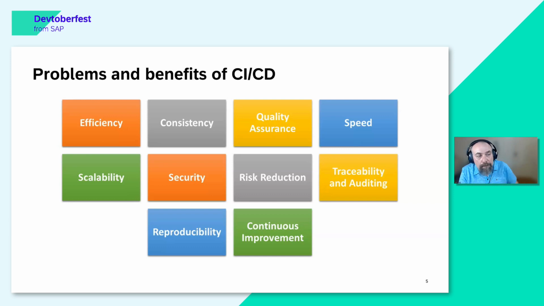It speeds up the development process, so automating obviously makes things faster. Scalability: like we said before, because CAP is a lower barrier to entry, there's going to be a lot more developers doing it, and therefore we want to be able to easily increase the workloads that we put not only on the pipeline, but also on BTP, and be able to scale and have that consistency, efficiency, and conformity.